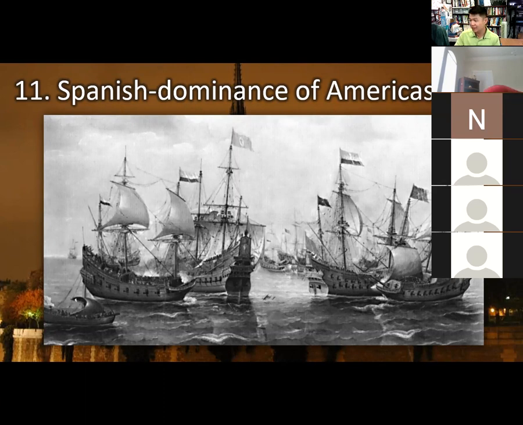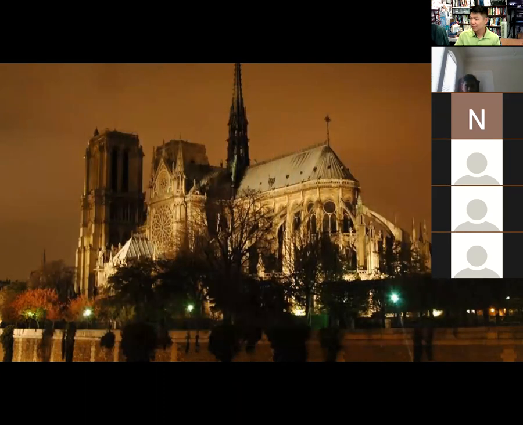Weapons to Africa. What else? Slaves. So slaves from Africa to the Americas, and then sugar from the Americas to Afro-Eurasia.